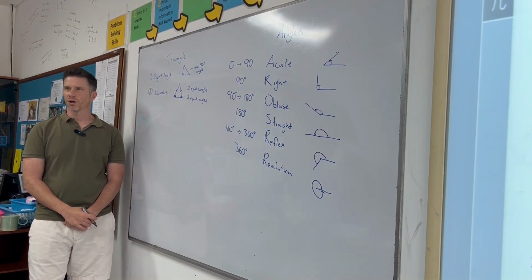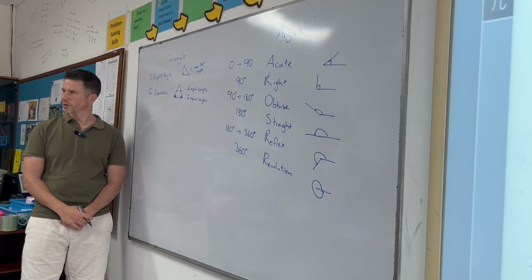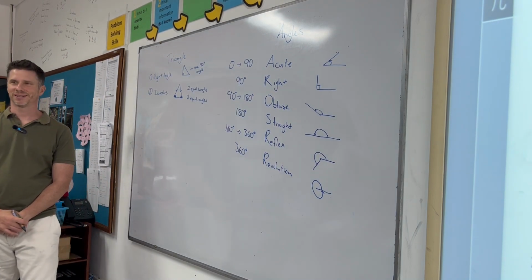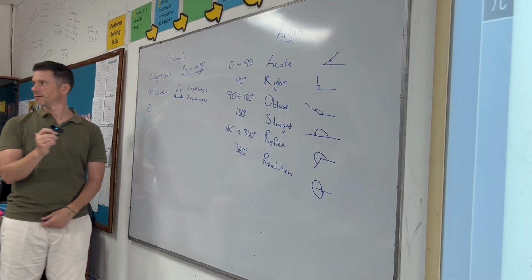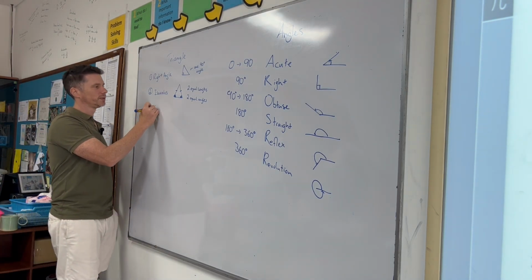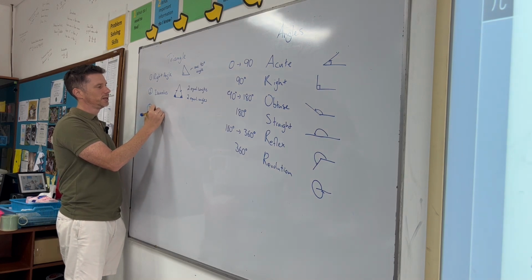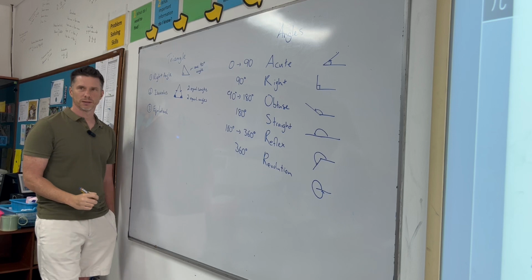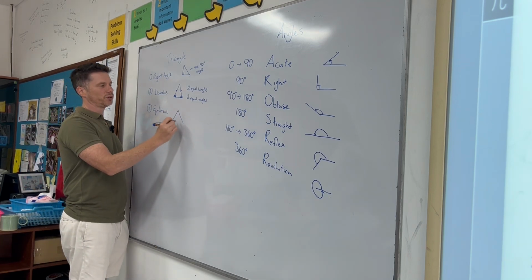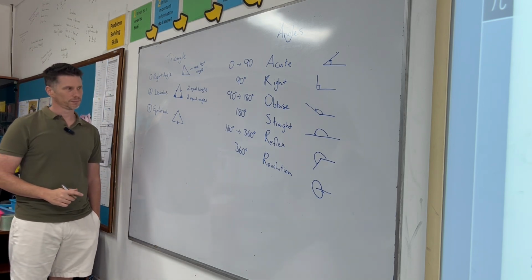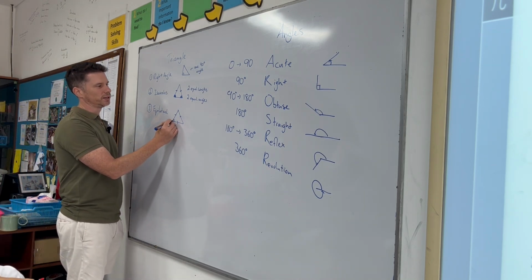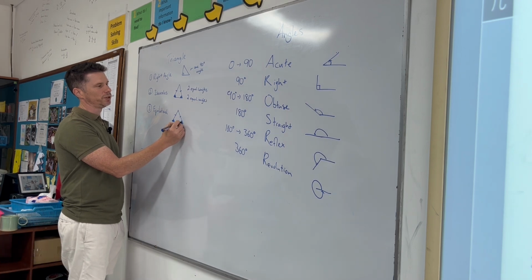Okay? What's it called when all 3 angles are equal? Equilateral, yeah. An equilateral triangle has all 3 sides the same length, exactly, and all 3 angles the same.